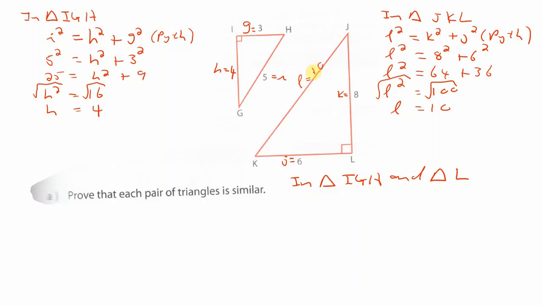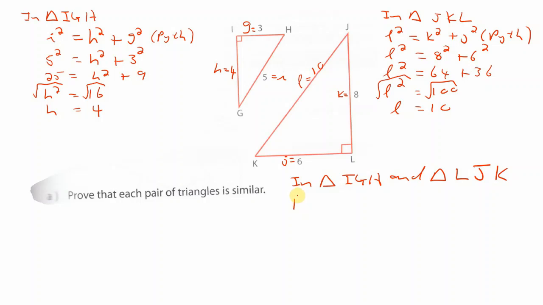I see 10 is the hypotenuse, it matches with the other hypotenuse, so we know 10 is double 5. So we know 6 is double 3, so those must be corresponding sides. And 8 is double 4. So IG is the one with 4, so we need now the one with 8, so it's LJ. So it's triangle LJK.